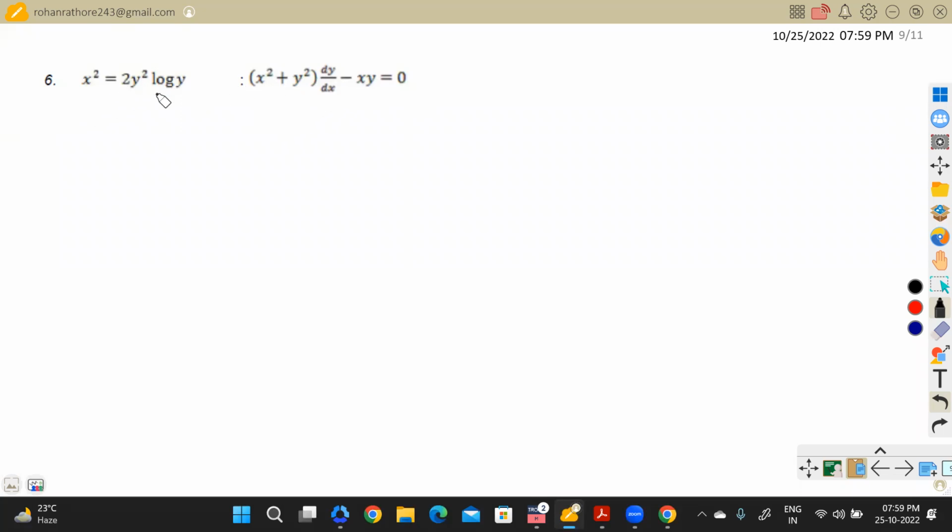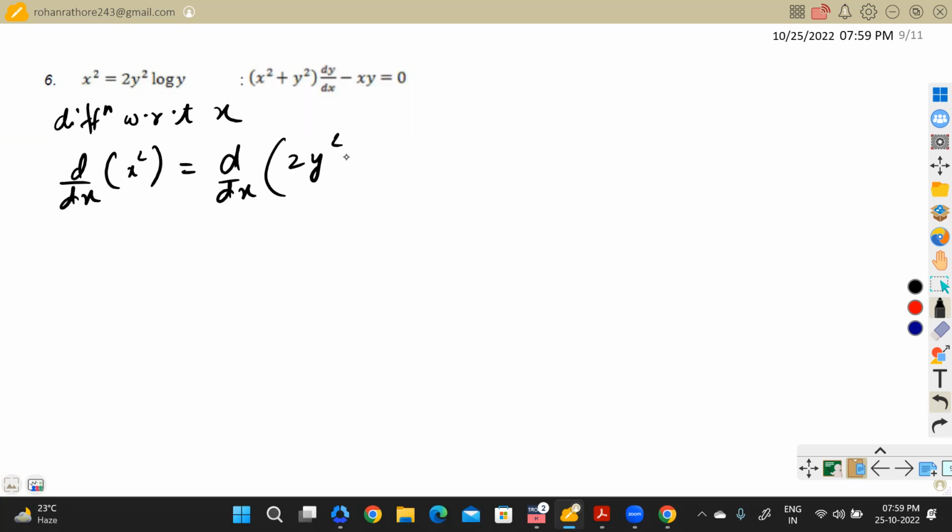So first we can solve for dy by dx by just differentiating the solution. So differentiating with respect to x once, let's write d by dx of x square equals d by dx of 2y square log y.